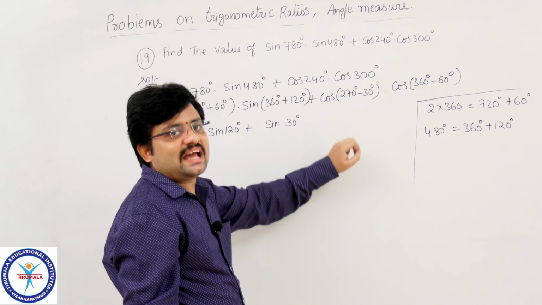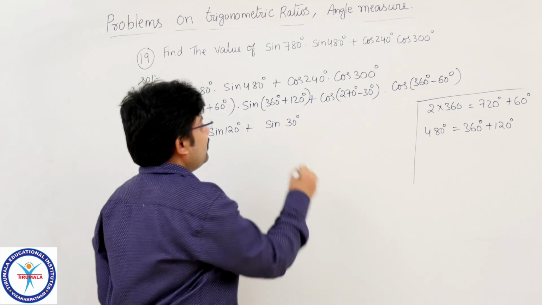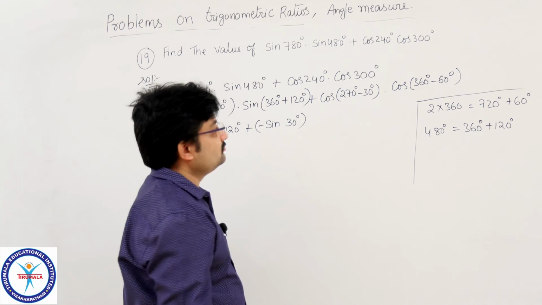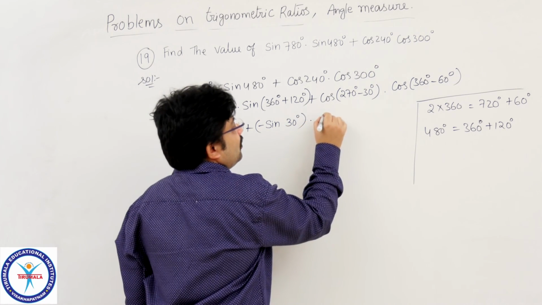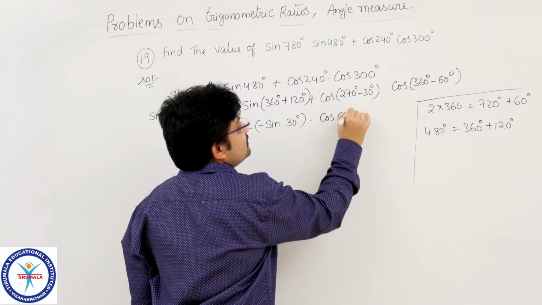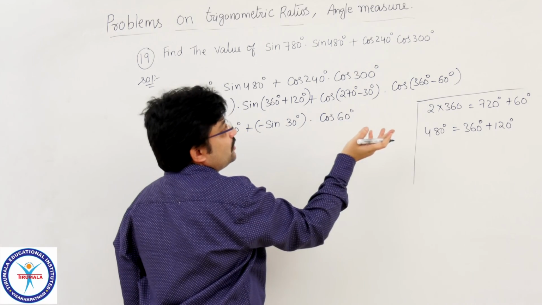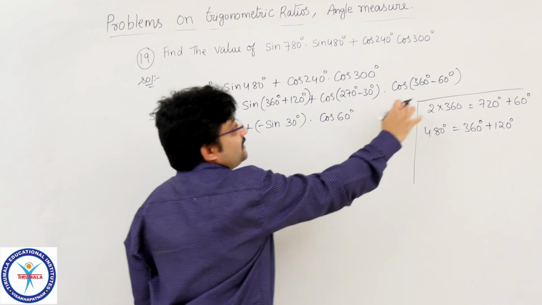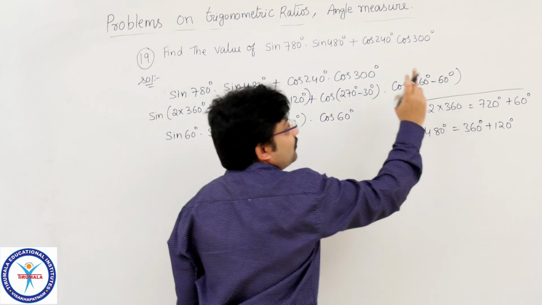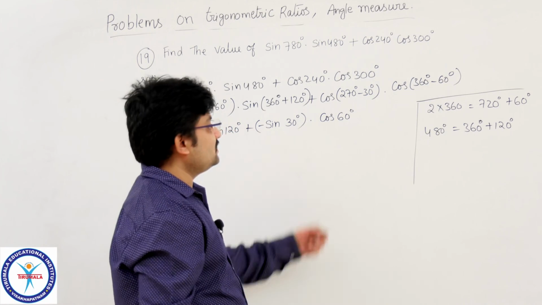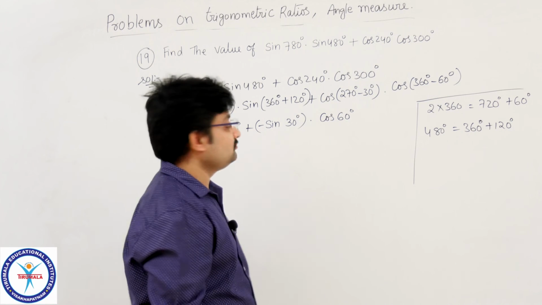In the third quadrant tan and cot are positive, remaining all are negative, that is why it is minus sin 30 degrees into cos 60 degrees. 360 is there, that is why there is no change in the trigonometric ratio, cos 60. 360 minus theta lies in the fourth quadrant. In the fourth quadrant cos and secant are positive, that is why it is cos 60 degrees.